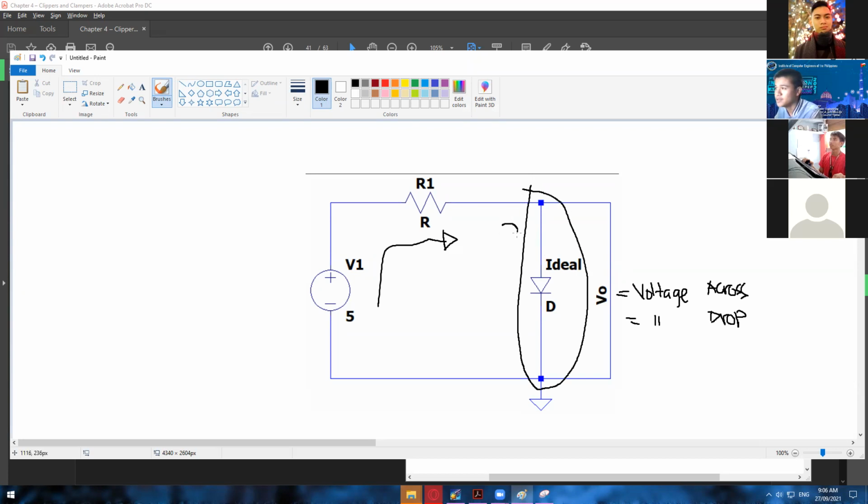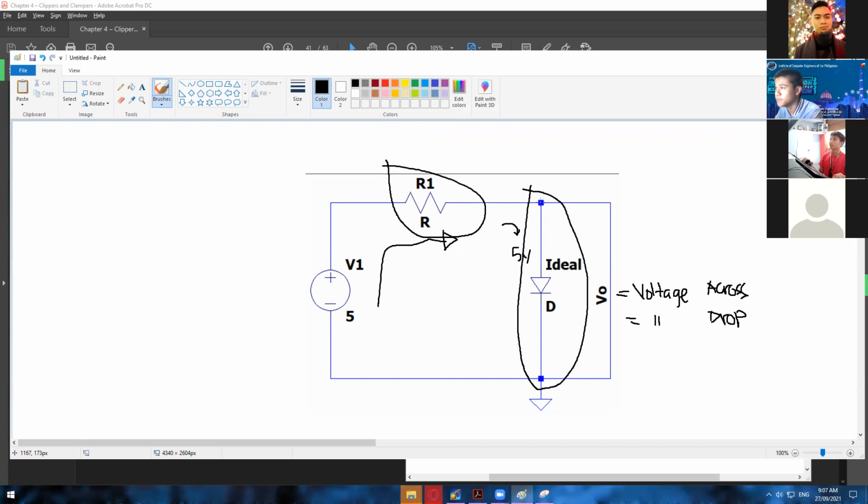Even though there is a flow of current, which is, let's say, 5 volts, we cannot read anything since there is no load resistance. There is no RL, or there is no resistance. Where is our resistance? It's on the side.